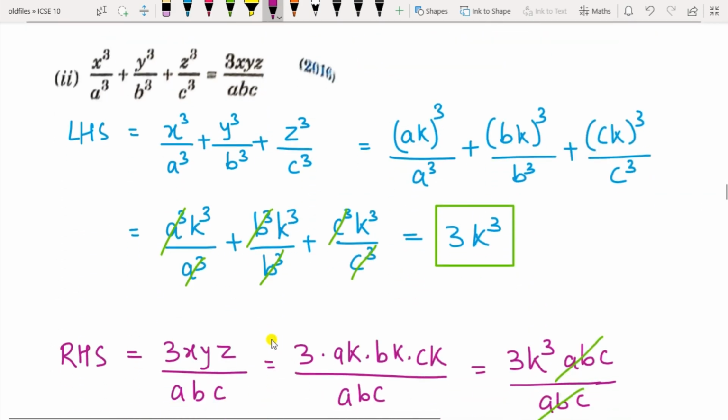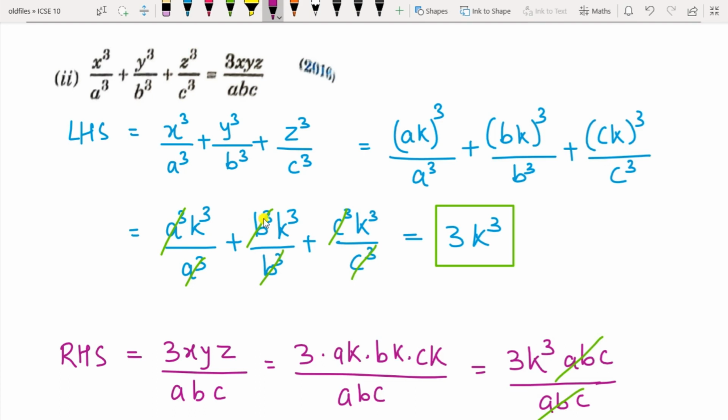Now this question was asked in 2016. x cube upon a cube plus y cube upon b cube plus z cube upon c cube equal to 3xyz upon abc. So the value of x you have to substitute from the given ratio as ak, the value of y will be bk and the value of z is ck.